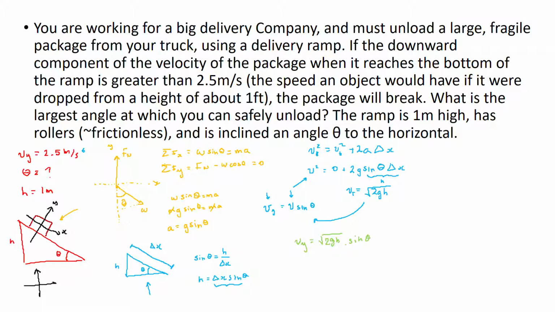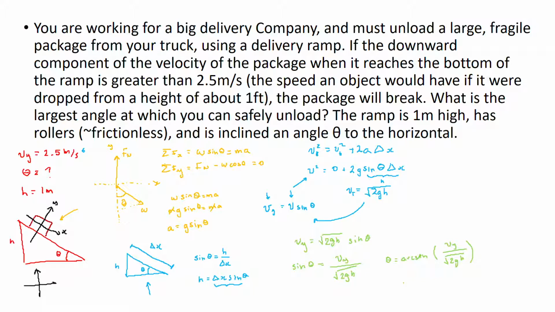What we need to know is theta, so the sine of theta is equal to the velocity in y over the square root of 2gh. We need to solve for theta. Therefore, theta is the arcsine of the velocity in y over the square root of 2gh.